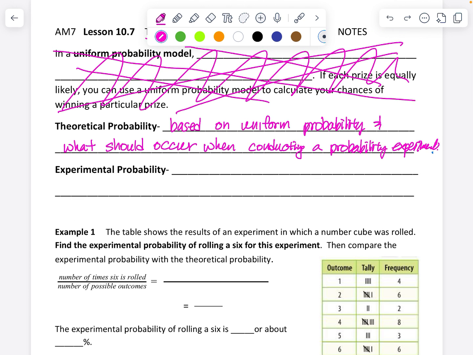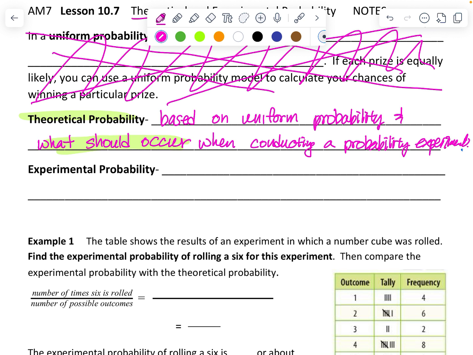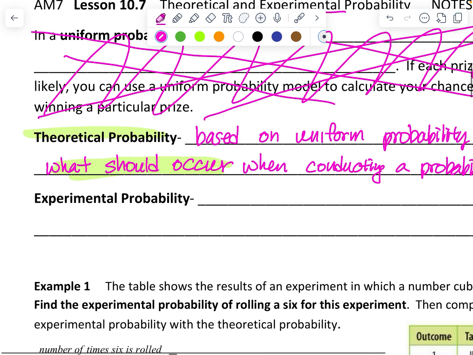Basically, theoretical probability is, theoretically speaking, what should occur. Meaning, if you toss a coin enough times, the number of heads should be 50%, and the number of tails should be 50%.